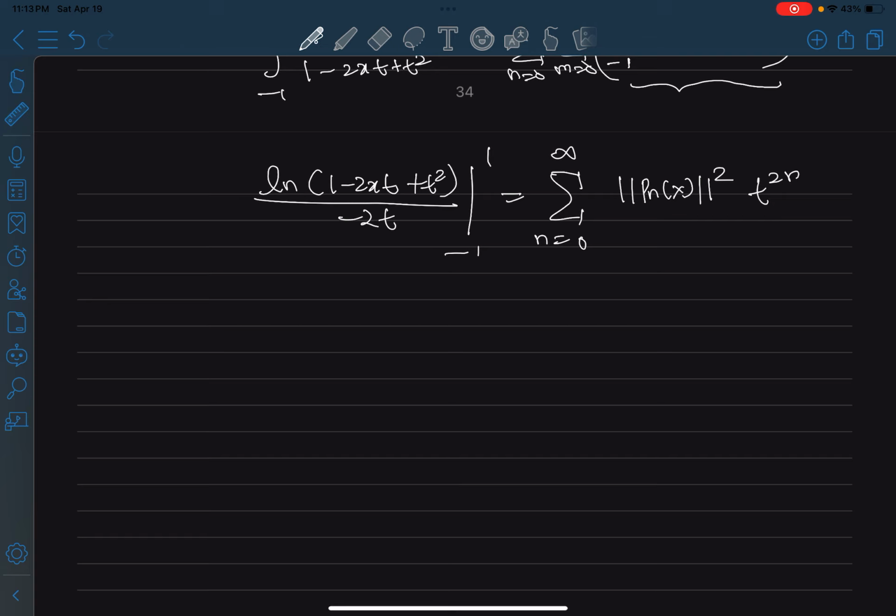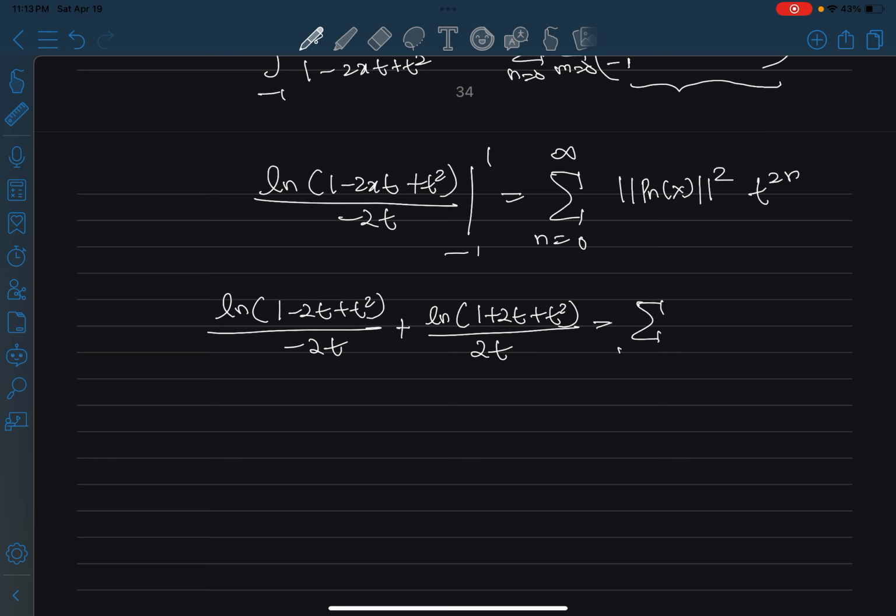So here at 1, this is ln of 1 minus 2t plus t square by -2t minus, and this becomes ln of 1 plus 2t plus t square by -2t, but that makes it plus now. And this is just the sum from n equals 0 to infinity of the norm of the Legendre polynomial times t to the power 2n.